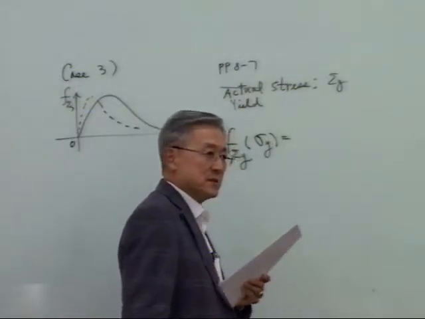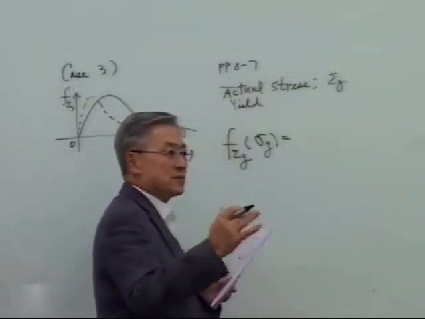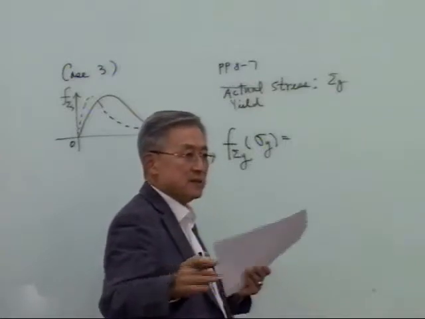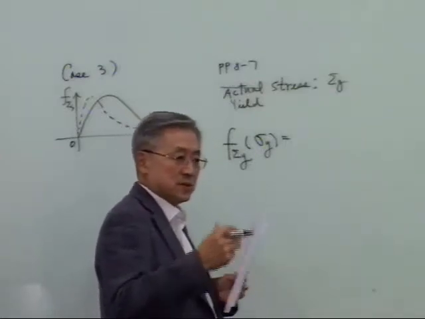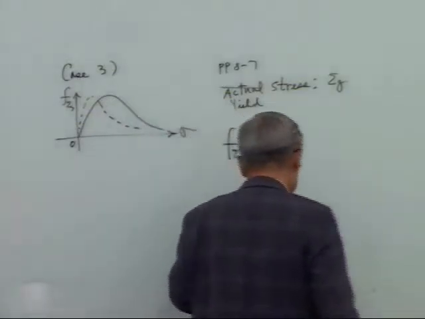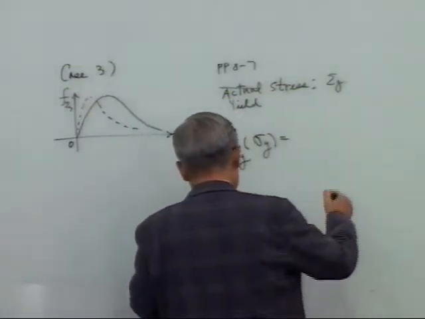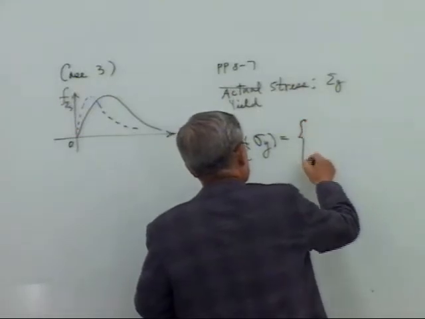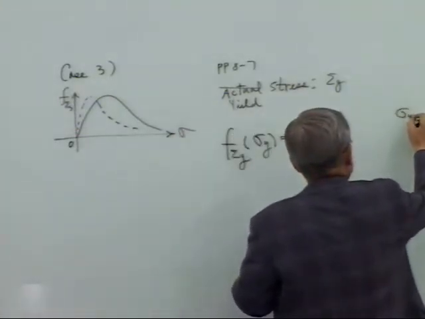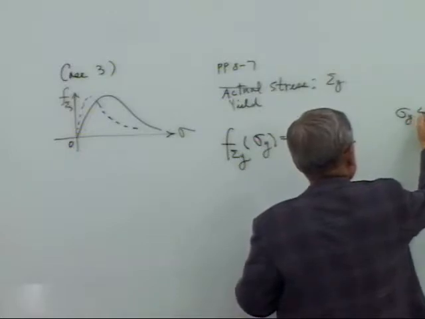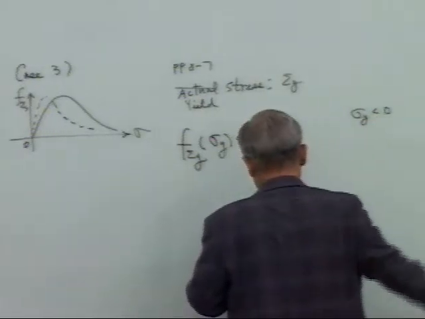In this case. So we cover all that. Then the last combination we're going to do next week is where both are random. Then that's about all. So 0 for sigma y less than 0.